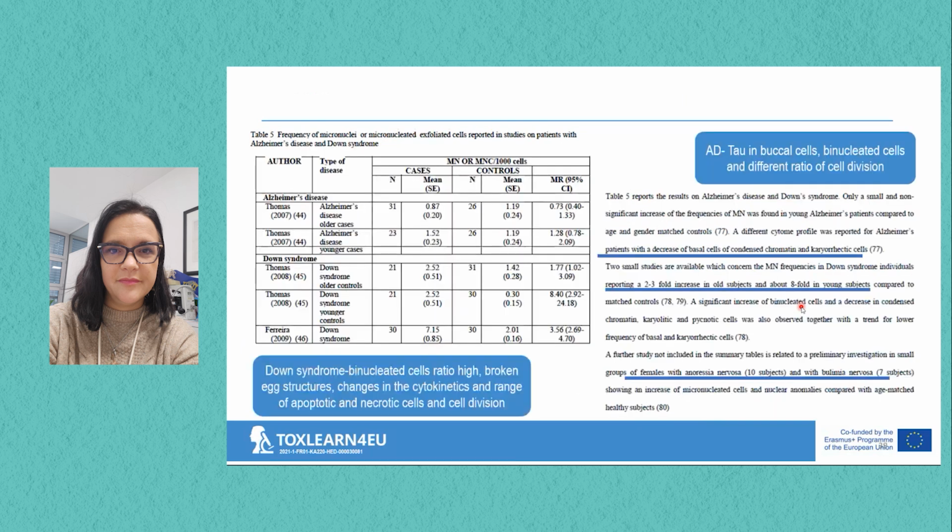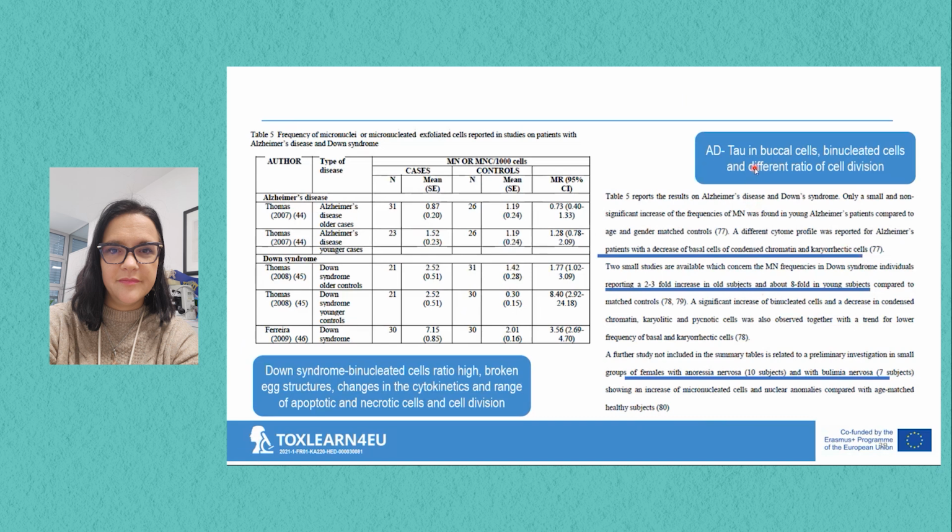Also, in Down syndrome patients, there were really elevated levels of buccal micronucleus frequency, especially in the younger Down syndrome patients, of 8-fold. Also, in Alzheimer patients, there were elevated levels of not only micronucleus, but also there were changes in frequency of the basal cells, condensed chromatin, and karyorrhectic cells.